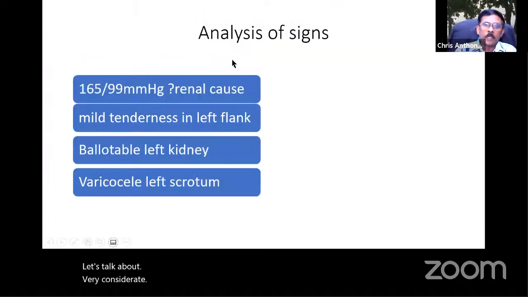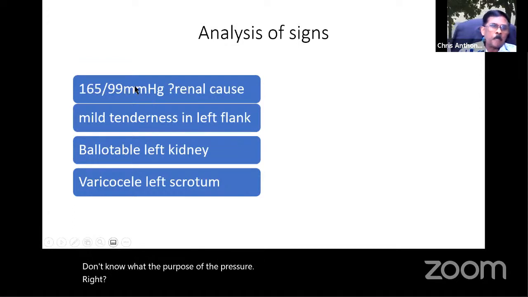Okay, now again we come back to the analysis of the signs. He has mildly raised blood pressure, and you all know one of the causes of high blood pressure is from the kidneys. Whether this is relevant or significant, we are not sure. Mild tenderness in the left flank, which is very significant, and a ballotable kidney.